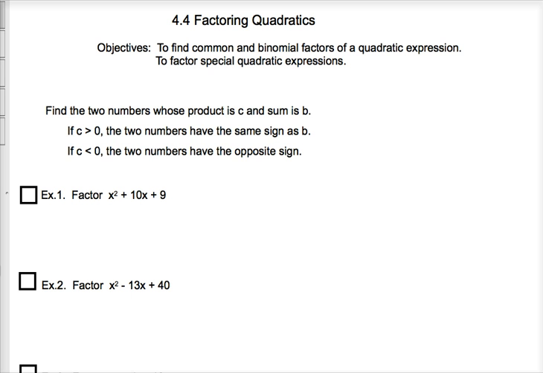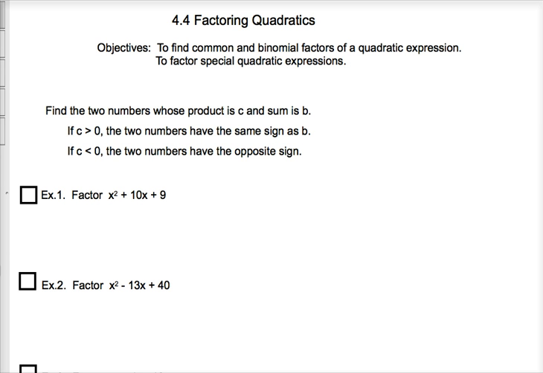Today we're going to work on common and binomial factors. When I say binomial, that means two terms. So when I turn a quadratic into binomial factors, what you'll normally have is two sets of two terms: one binomial in a set of parentheses, and then a second binomial in another set.